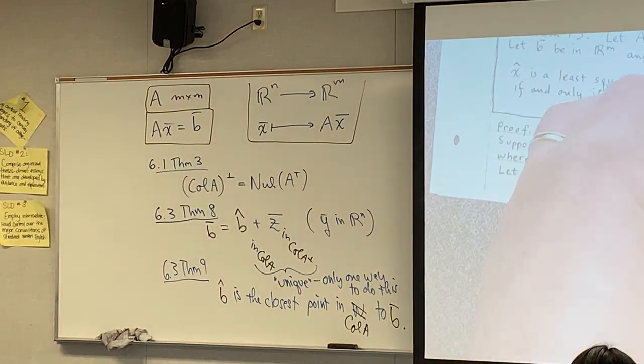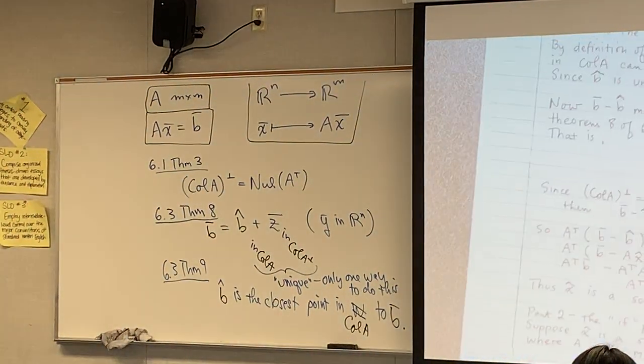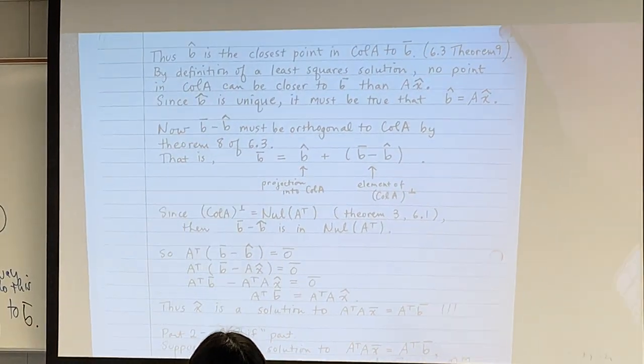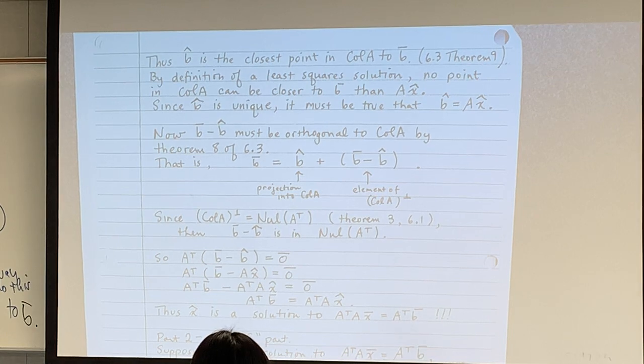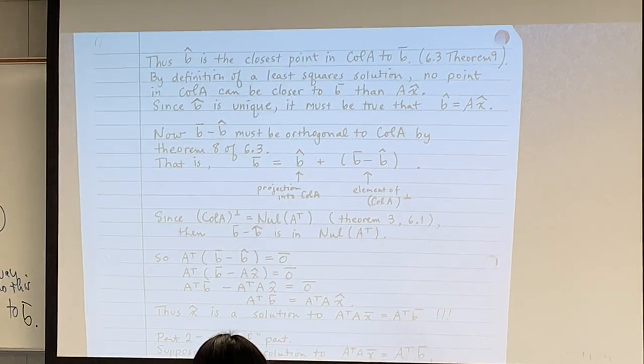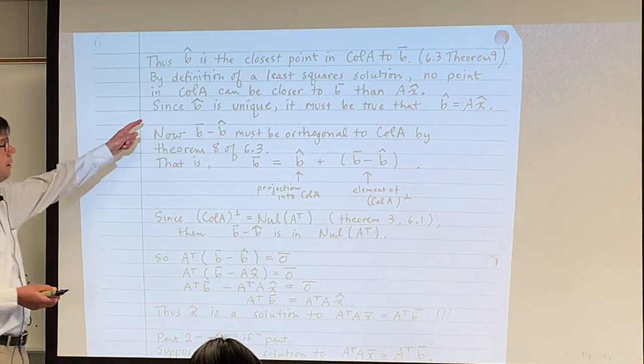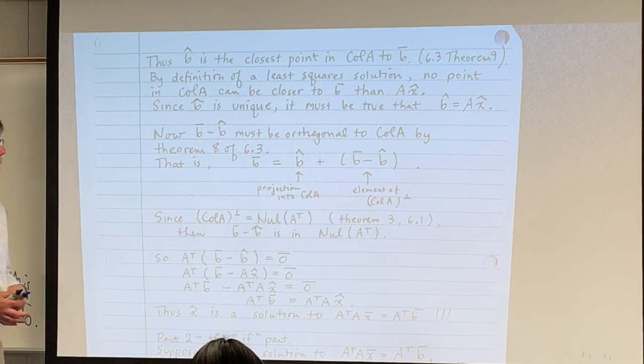So I'm turning the page. Again, I tried to prepare us so we're not too shocked with this statement. b hat is the closest point in the column space of A to b, right? That's 6.3 theorem 9. And by the definition of least squares solution, no point in the column space of A can be closer to b than A x hat.